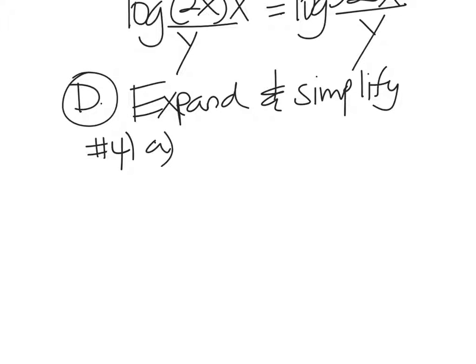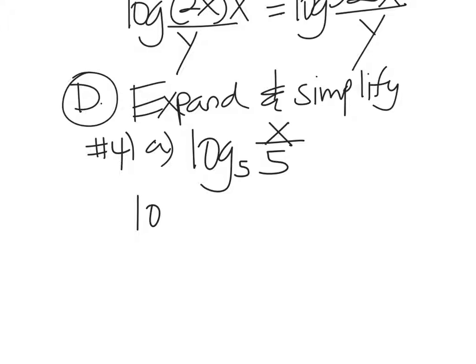There you go. All right, log base 5 of x over 5. Okay, expand and simplify. So we're going to take this as one log, and we're going to expand it into many logs, as many as we need. So this is going to be log base 5 of x minus log base 5 of 5.